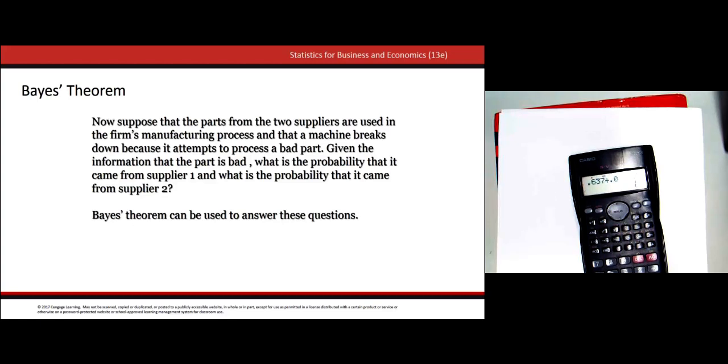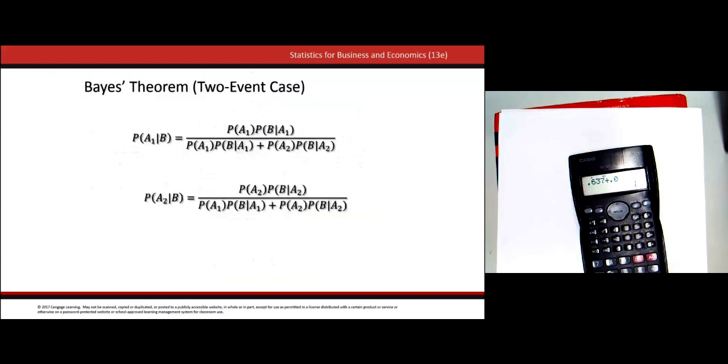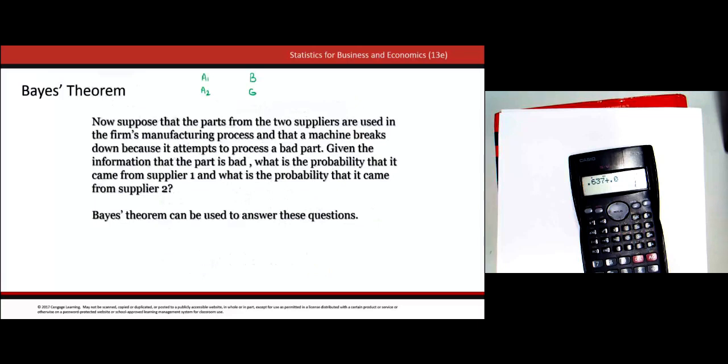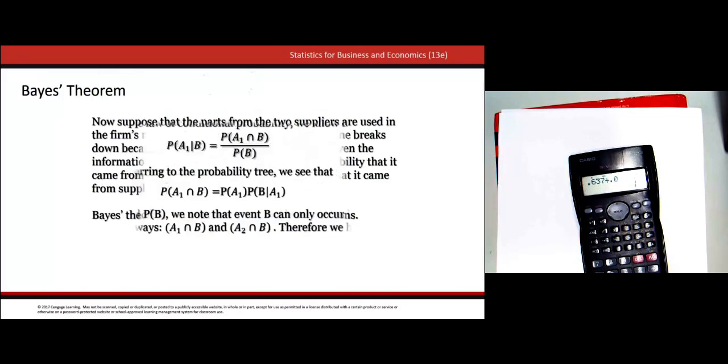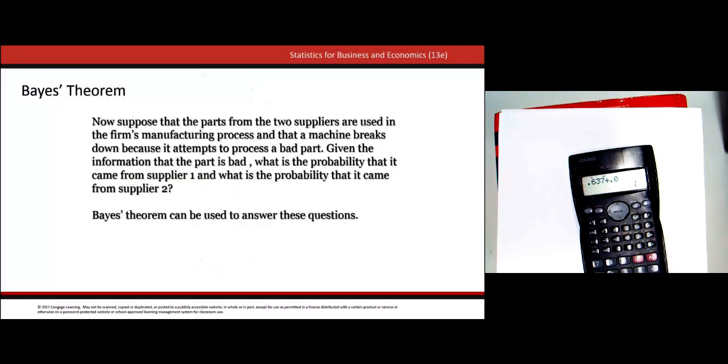What is given? Remember, we have 4 events total. Now how can we write these two probabilities in terms of these 4 events? We have A1, A2, B, and G. A1 denotes the event that the part is from supplier 1. A2 denotes the event that the part is from supplier 2. B denotes the event that the part is bad. G denotes the event that the part is good.